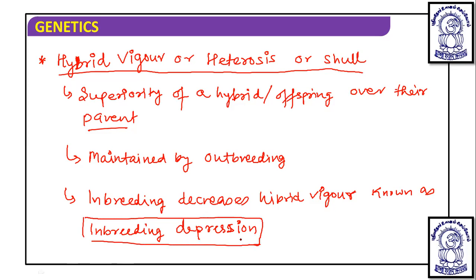Then after this, we'll talk about some more terminology, like eugenics. So the next term is eugenics.